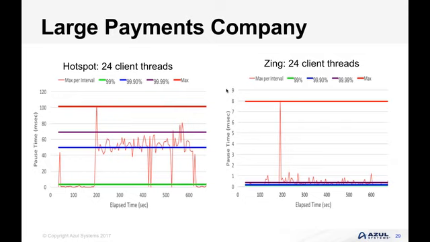Most of our peaks are less than 1 millisecond. We've got a few that go just over 1 millisecond. So that's the difference we're dealing with here: most of the graph being around the 1 millisecond pause time for Zing, most of the graph being in the 50 to 70 millisecond range for Hotspot. That gives you an idea of the difference that Zing can make.